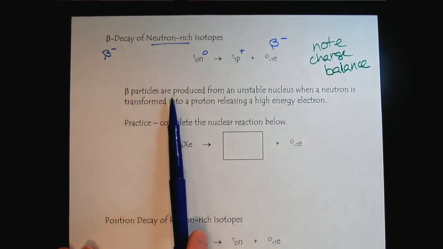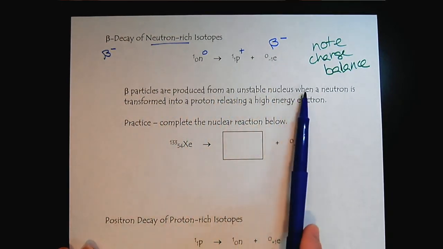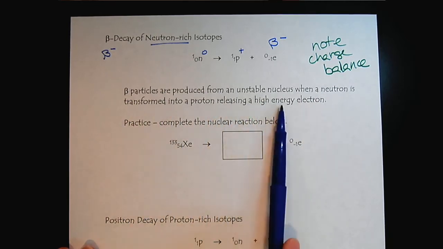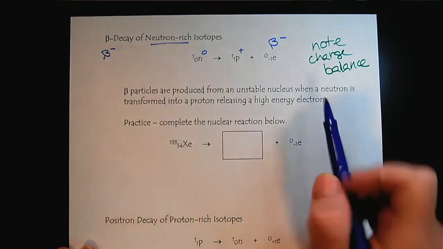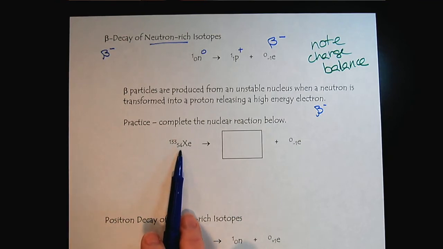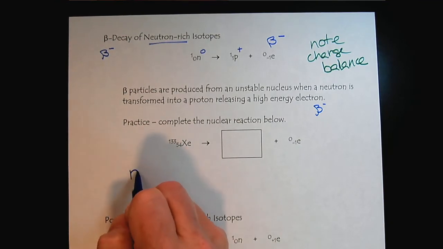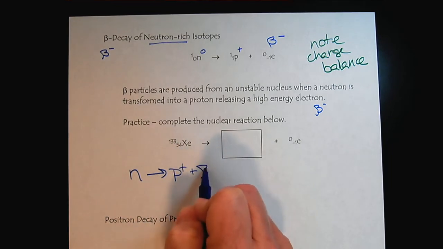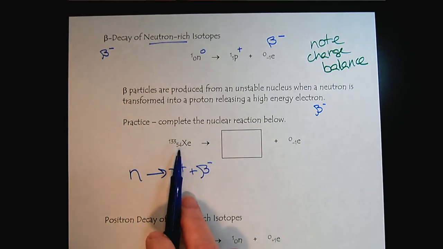Okay, and then the symbols down here will help us with doing our reactions. Beta particles are produced from an unstable nucleus when a neutron is transformed into a proton, releasing a high energy electron, also called a beta particle. So if we look here, for me it helps to just go, oh, a neutron became a proton plus a beta. With this parent, I know that one of these neutrons becomes a proton, so I'm going to add one.